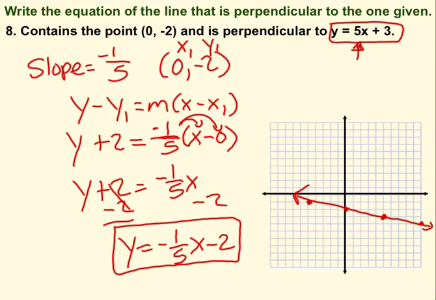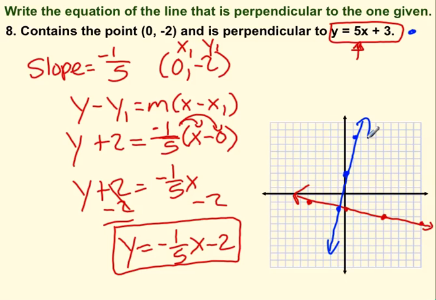I will do the original equation, the other line that should be perpendicular, in blue. Start at 3. Go up 5 and over 1. And I'll go back 5 as well. And so this is making sense. They look like they are perpendicular. They look like they're coming in at a 90-degree angle.